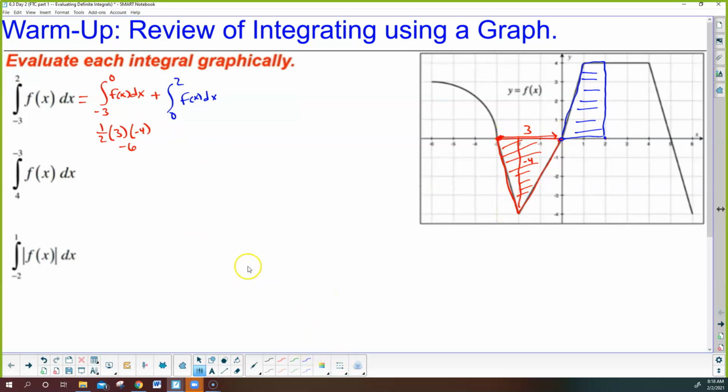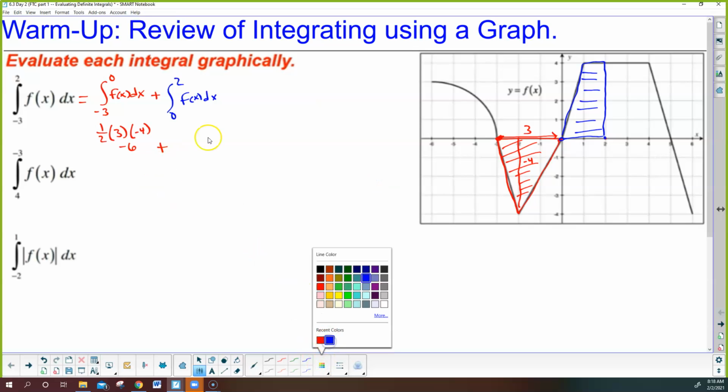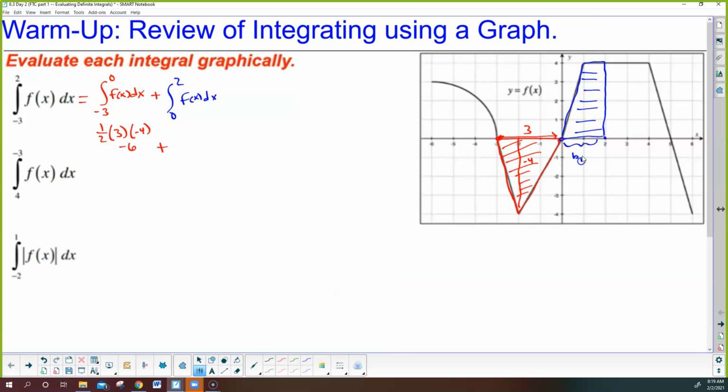And then we're going to add that to the area of the blue piece, which is just a trapezoid. Now you could break it down into a triangle and then add the rectangle, or this is a trapezoid that's kind of flipped over on its side. So if I think of it, base 1 is a width of 2. Up top, base 2 is equal to 1.